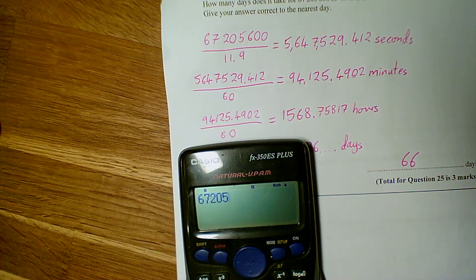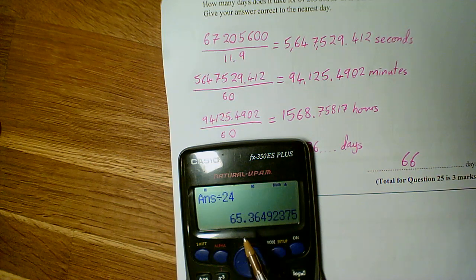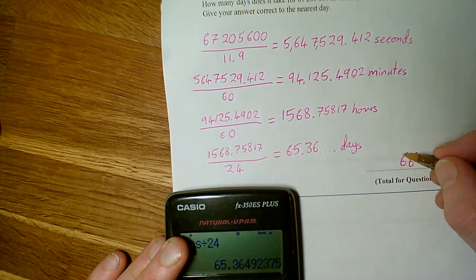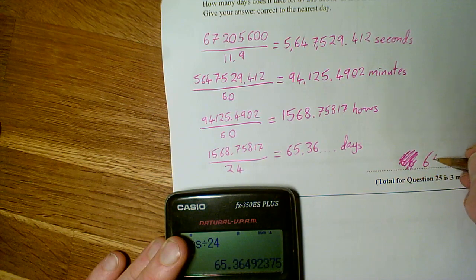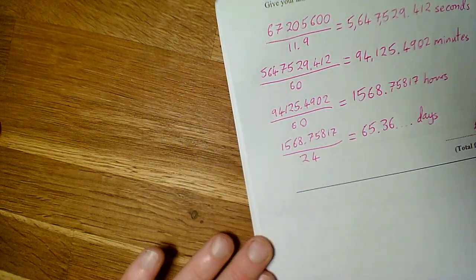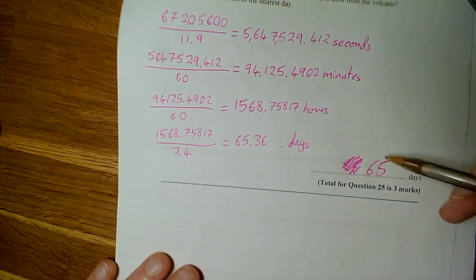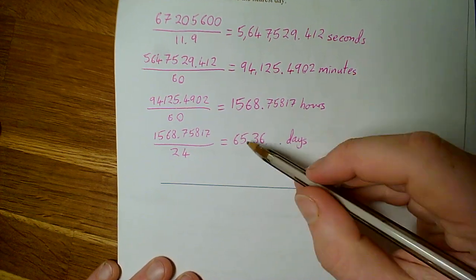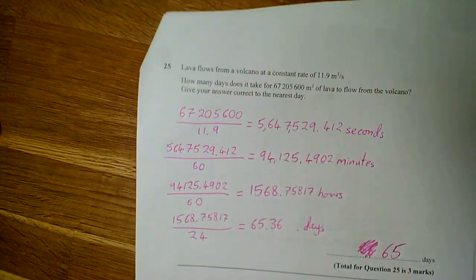Right, first off I divided by 11.9, then I divided by 60 to get the minutes, then I divided by 60 to get the hours, then I divided by 24 to get the days. Oh, I just don't know why I rounded it to 66 and not down to 65. Well, I got all the maths right and then would have lost 1 mark there. 65.36 rounds down to 65.